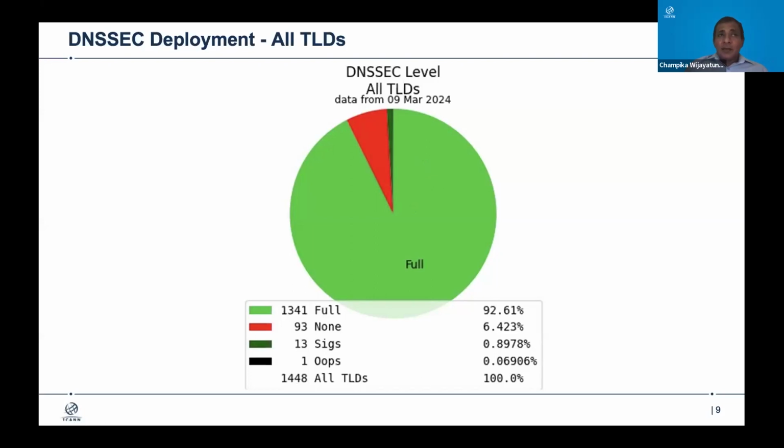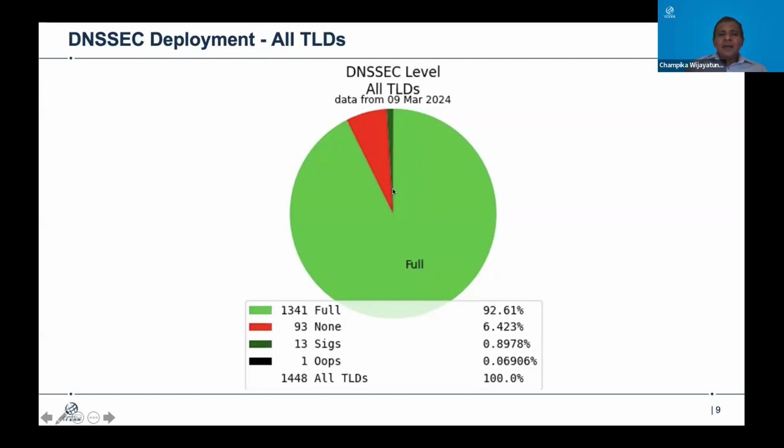Including .mm, because .mm is a country code top level domain, but still it is a top level domain. So out of all that in the world, 1,341, which is over 90%, have deployed DNSSEC. So all this green area, they have deployed DNSSEC from a top level perspective.